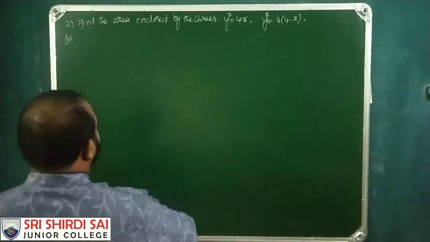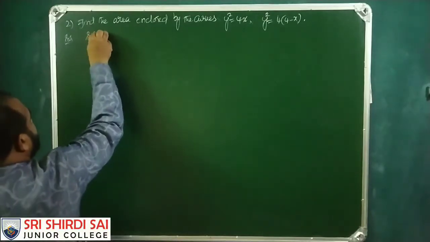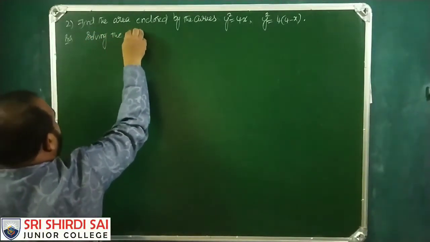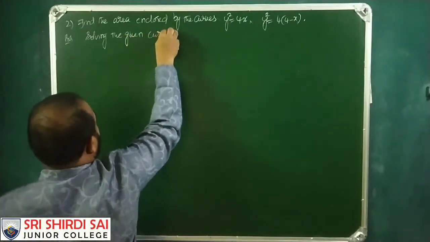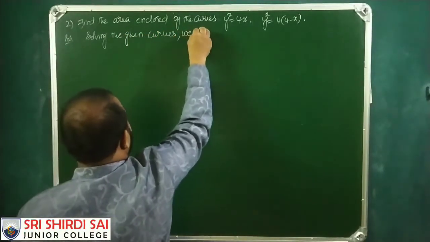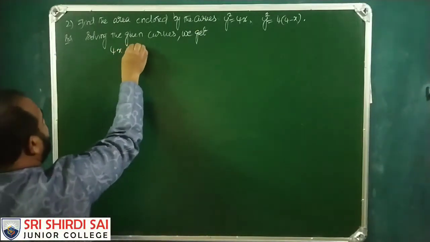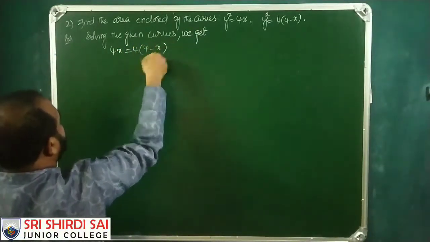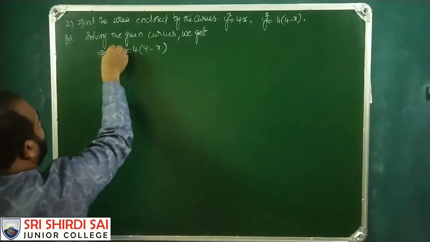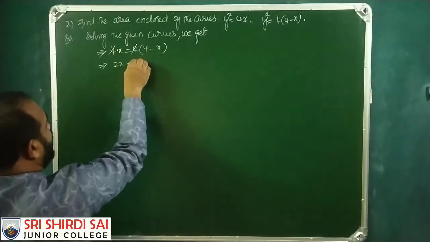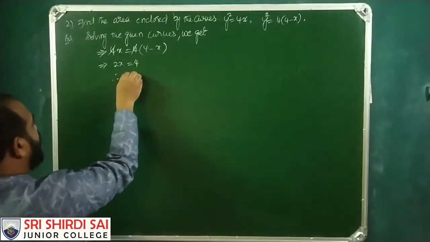So solving the given curves, we get 4x equals 4 into 4 minus x. 4 gets cancelled. 2x equals 4, therefore x is equal to 2.